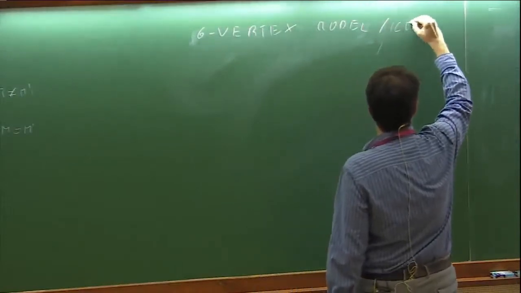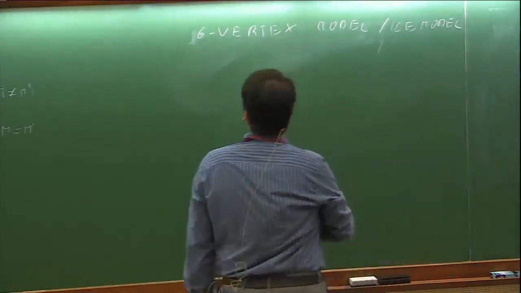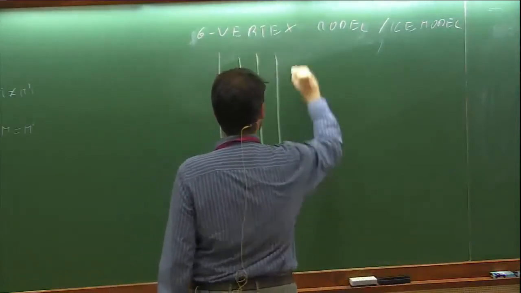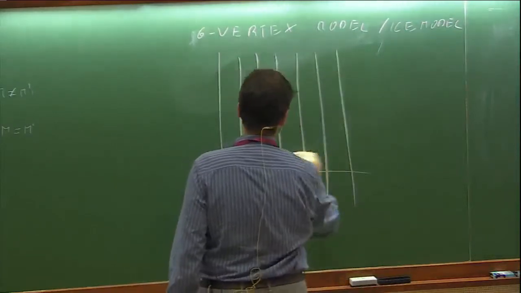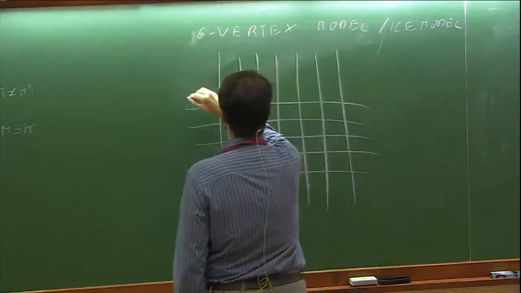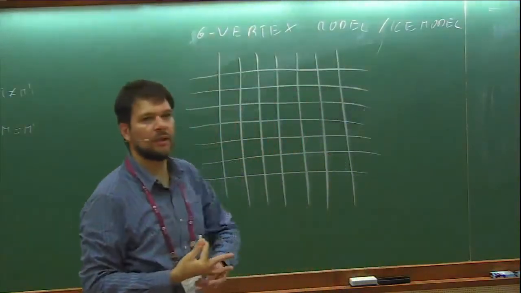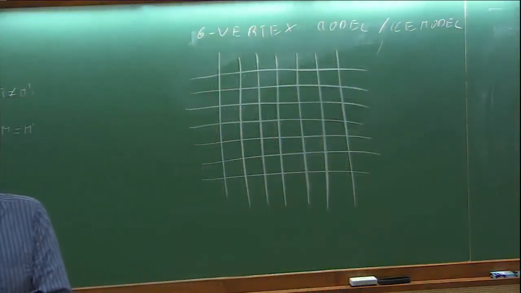Or ice model, which is a square lattice which was introduced to mimic the behavior of crystallized water in two dimensions.